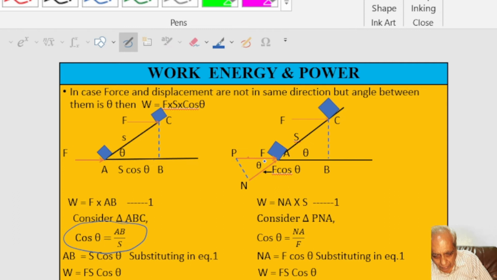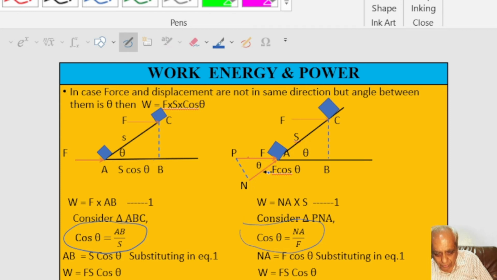If I take triangle P and A, with this angle 90 degrees and hypotenuse PF or F, then cos theta is adjacent side upon hypotenuse, so cos theta is NA upon F. So I get NA equal to F cos theta.